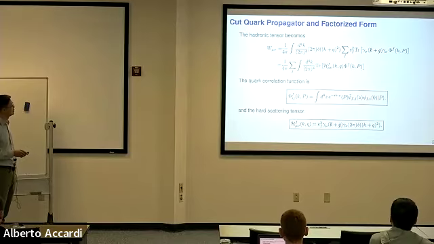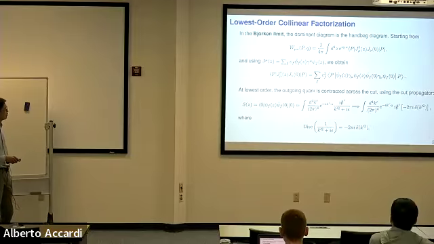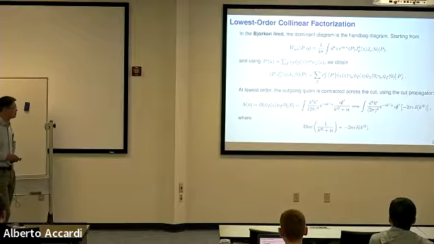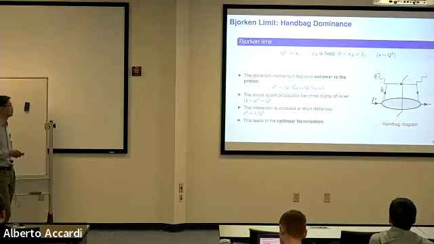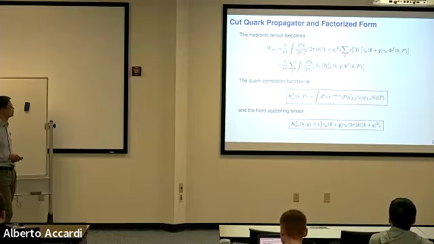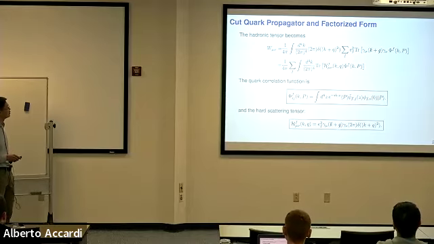Okay, I skipped many details here. Then you substitute the expression of the propagator. One propagator is a cut propagator, so it's on mass shell.